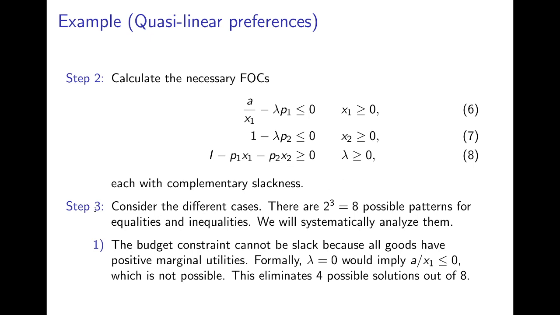So now, in step 3, when we solve this, we have to consider that there are 2 to the power of 3, which is 8 possible patterns for equalities and inequalities here, basically. Because 3 is 2 plus 1, so 2 is the number of choice variables and 1 is the number of constraints.